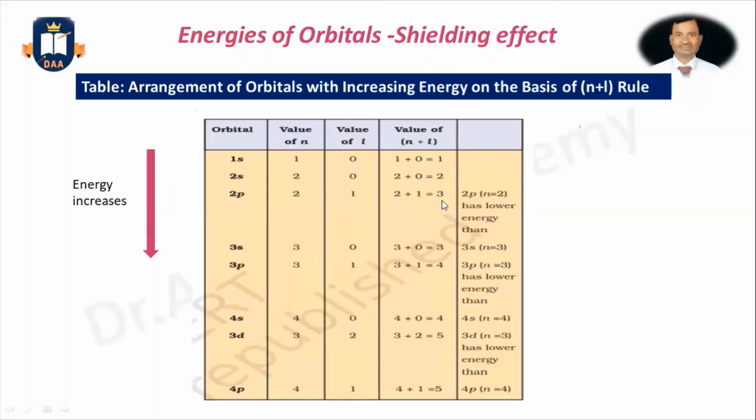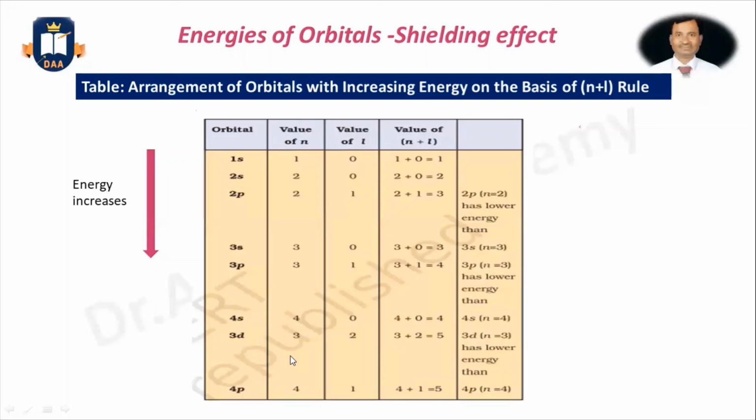So again it has more energy compared to the 2s orbital. In this way, as you go down, energy will increase because the n plus l value increases. You can see this in the table.